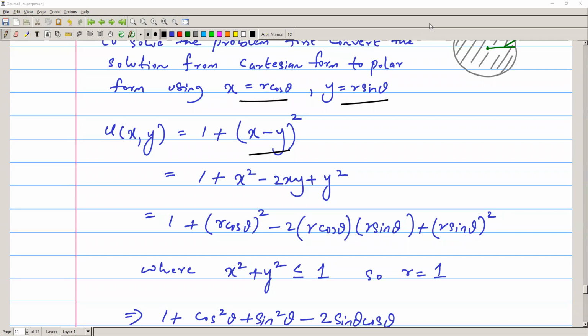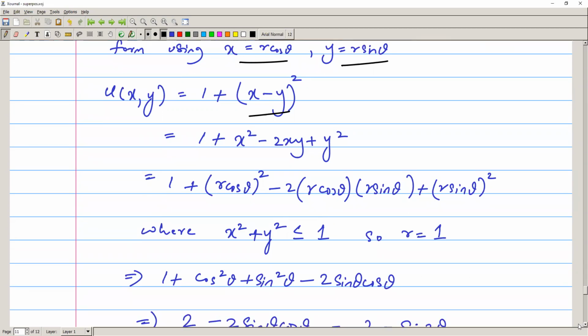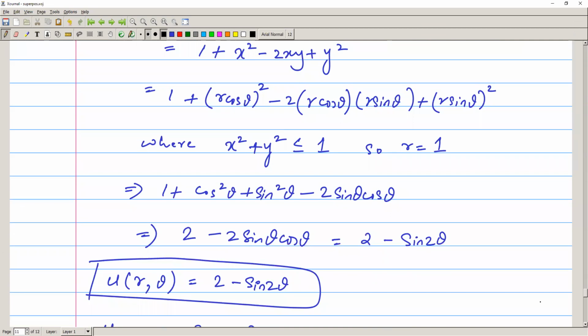So we can convert the equation from Cartesian coordinates to polar coordinates. Here we just replace x with r cos theta and y with r sine theta, right?